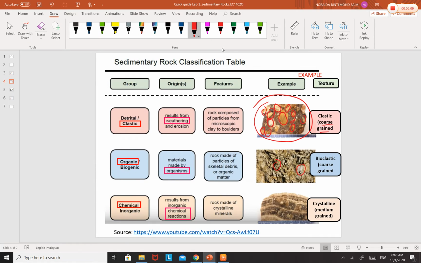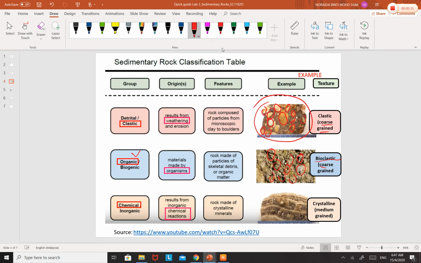Okay, so this one group dia adalah organic. So the texture adalah bioclastic. Kita kata dia coarse because you nampak the particle of the bones kat sini. Right, that one is the coarse. Kalau fine maknanya dia halus, so kita tak nampak dia macam dotted like that.